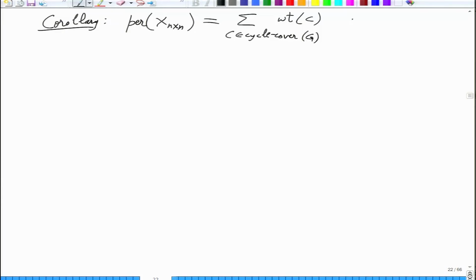You just look at n cross n, the part that already contains all the information. So specializing X to that, you will get the correspondence with matchings, which is also naturally related to cycle covers.